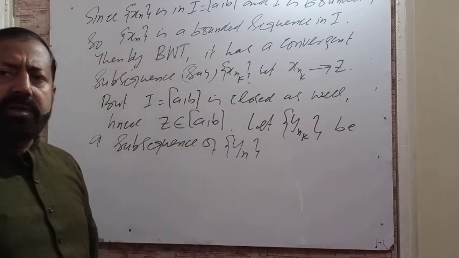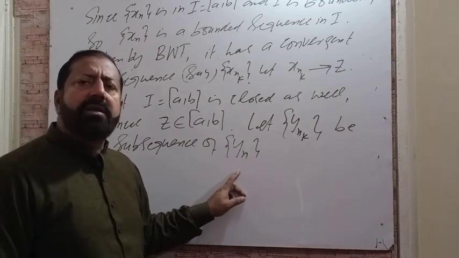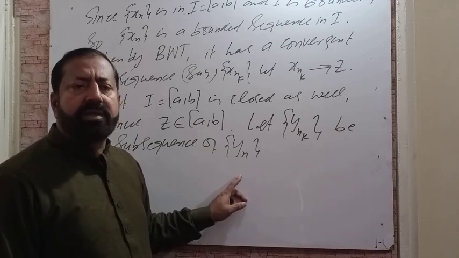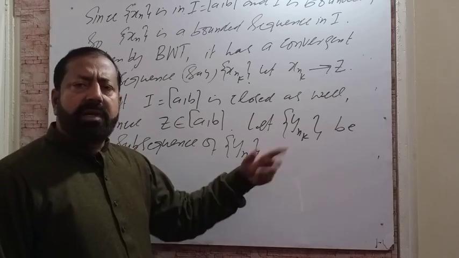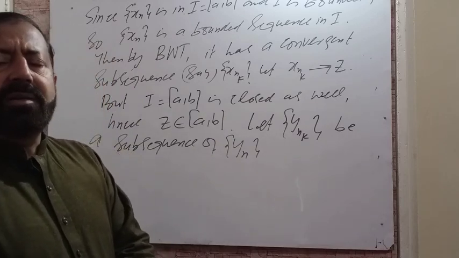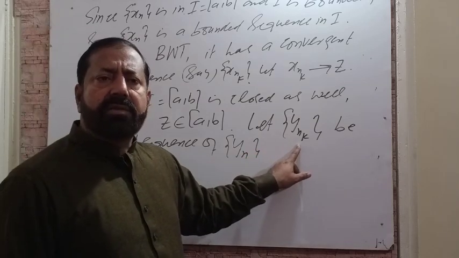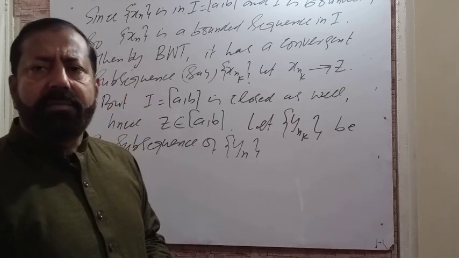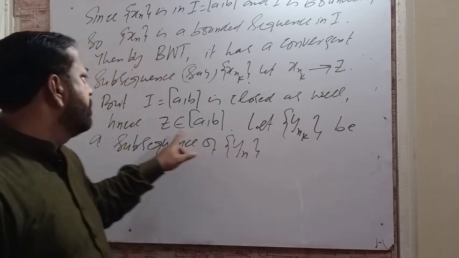This is also a convergent subsequence because yn is also a sequence in I, and yn is bounded, so it has a convergent subsequence. You can argue using the same lines. But I have to show that this convergent subsequence is also converging to z.